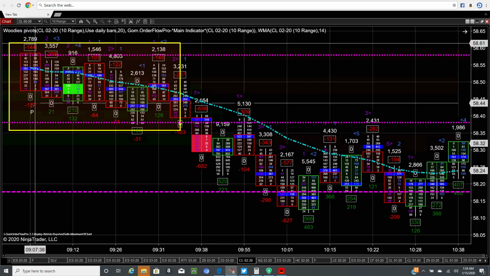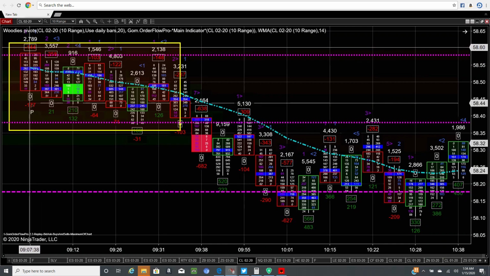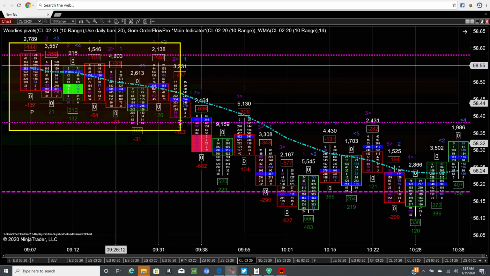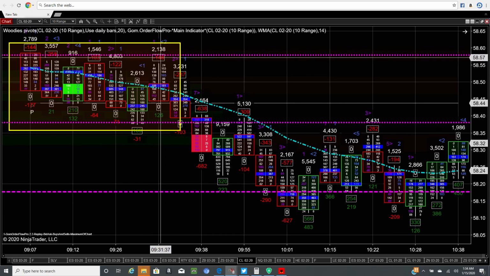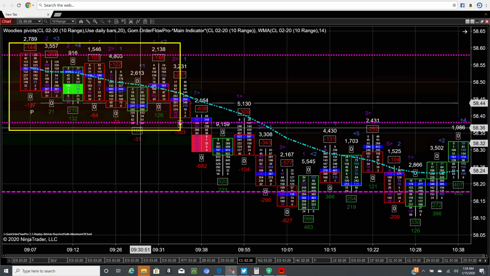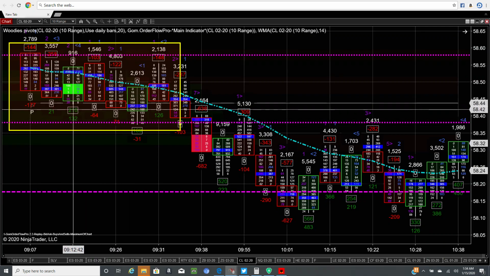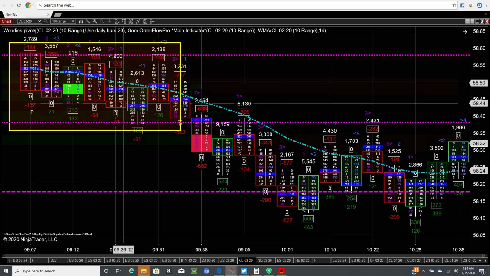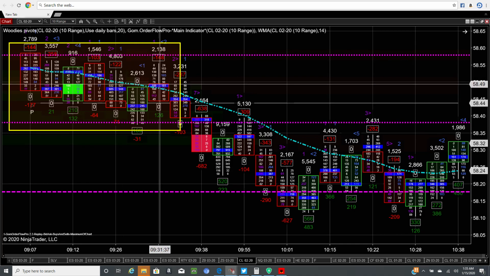Because you're going sideways and the bears are really pushing it here. Negative 144, negative 358, negative 103, negative 122, negative 148. And really you only have two with positive pressure through this 7-8 candle range.